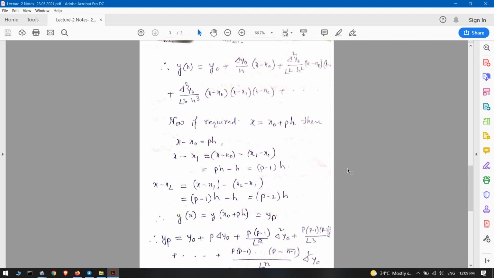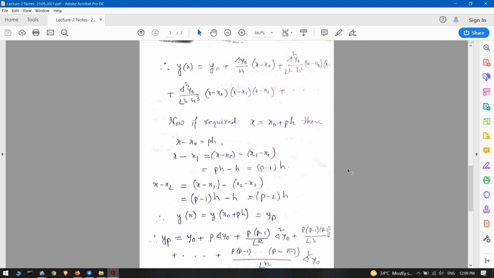Now let me start again. So again we are going to start. I think again I am going to repeat the discussion. Suppose the table is given. Table means the value of x and the corresponding value of f(x), or you can say y, is given up to certain values.